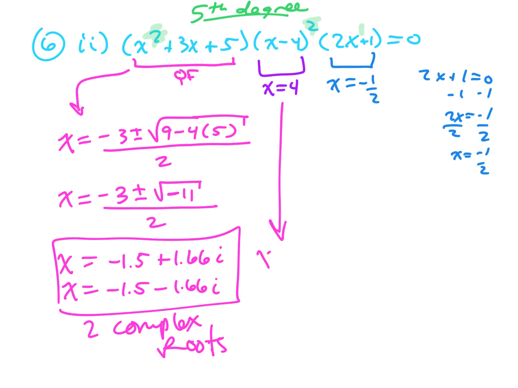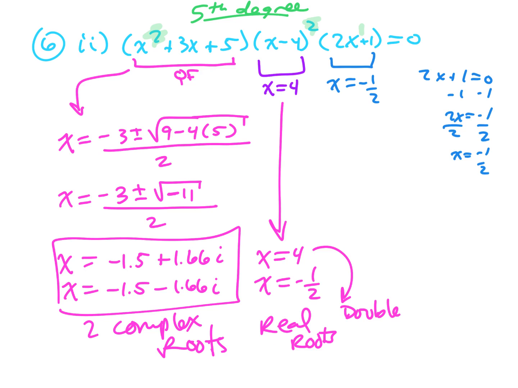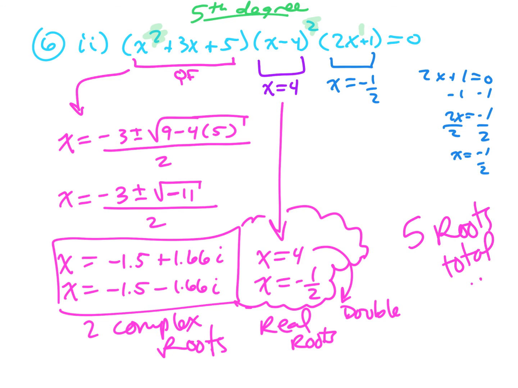So then I have x equals 4, x equals negative 1/2. So these are real roots. And then this is a double, so it's going to have a bounce. And again, we're going to talk about that next time. So there's 5 roots total. Smiley face.